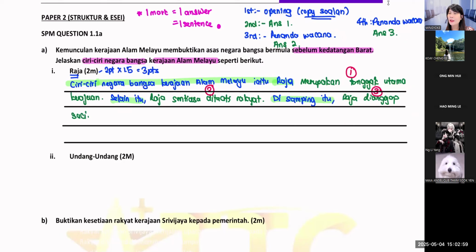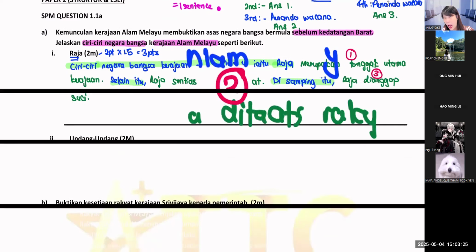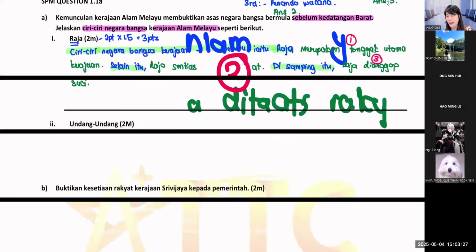Okay, Teacher, why write the taat 1? Oh, raja sentiasa ditaati rakyat loh. They are loyally treated by the people. Did I write the S? It's an I. I know my writing is very ugly. It's an I. You see, I actually make it big for you. Can you see?